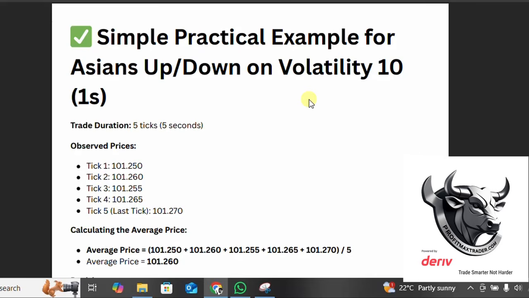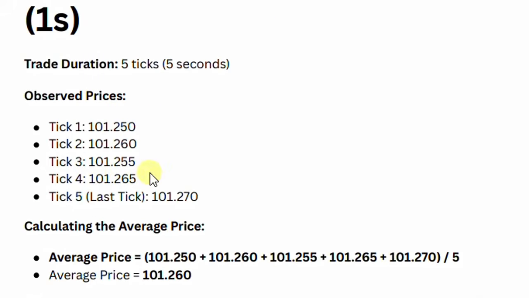Okay, trade duration is 5 ticks. That is a standard measure that is already set at the bot there. Do not change the 5 ticks because that is the period or duration we are going to look at the price changes. Okay, so let us say, for example, tick 1, the price was 101.250, tick 2, 101.260, tick 3, 101.255, tick 4, 101.265, and then tick 5, that is the last tick, 101.270.